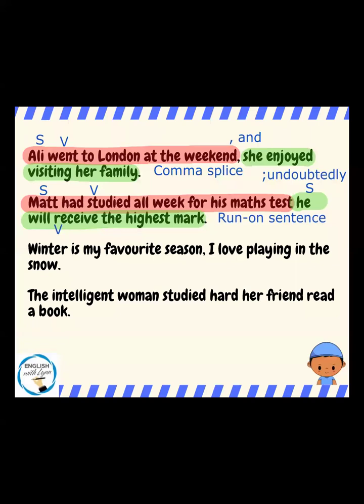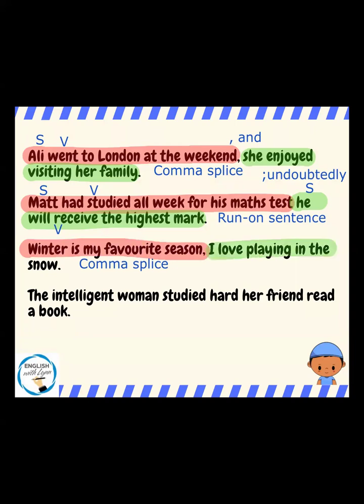Okay. The next one, right, so I've spotted a comma in it. So it's a comma splice. And looking here, I can spot that winter is my favourite season is my first main clause.